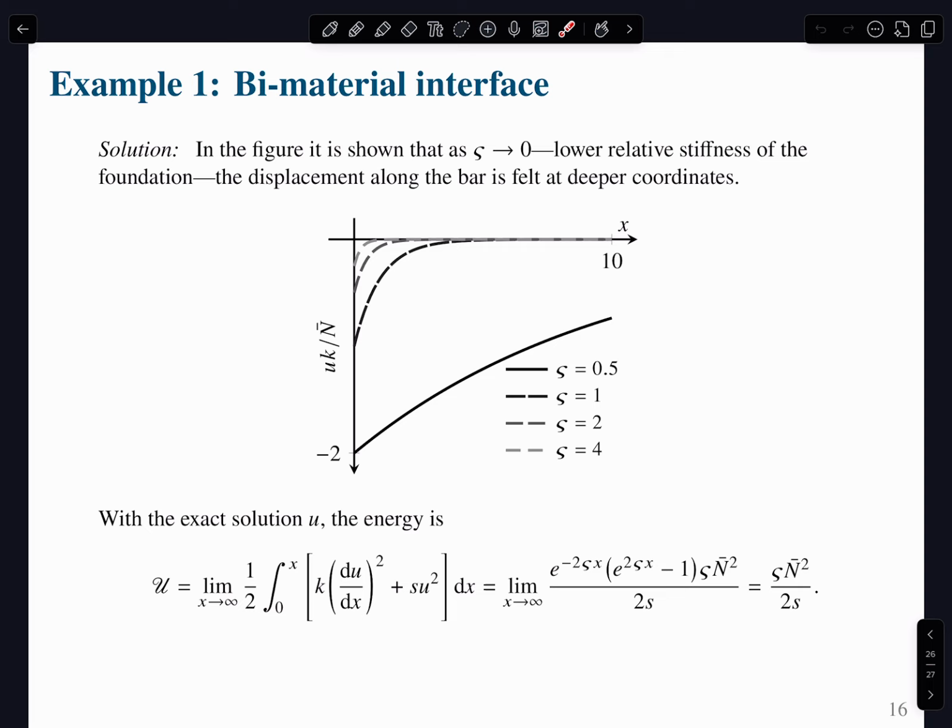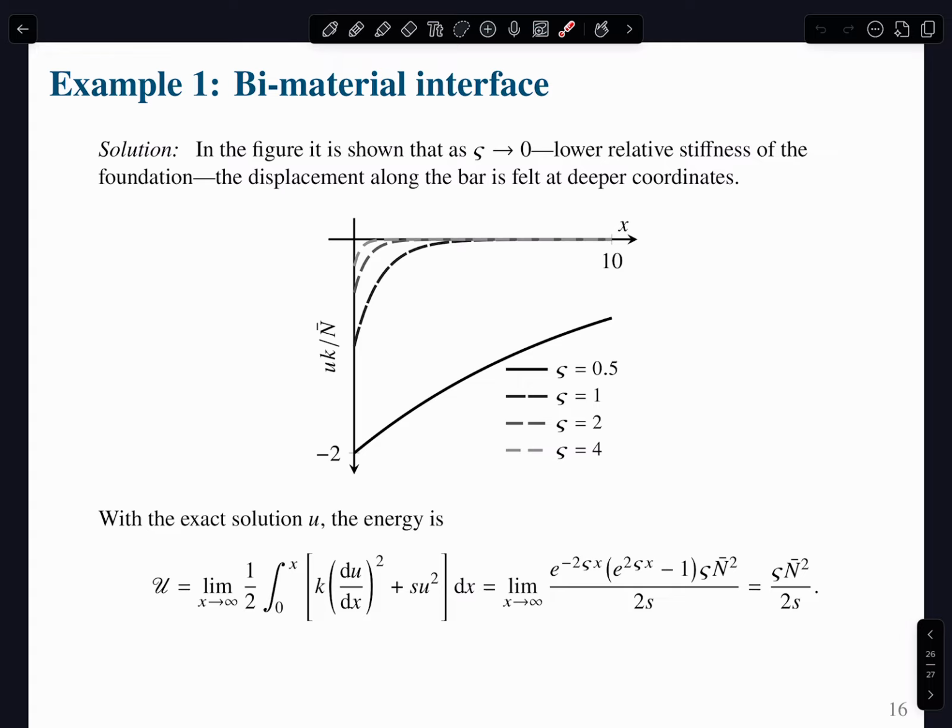We can change the limits of integration, and instead of integrating between 0 and infinity, we integrate between 0 and x, and then take the limit as x goes to infinity, and we get that whole expression for the strain energy.